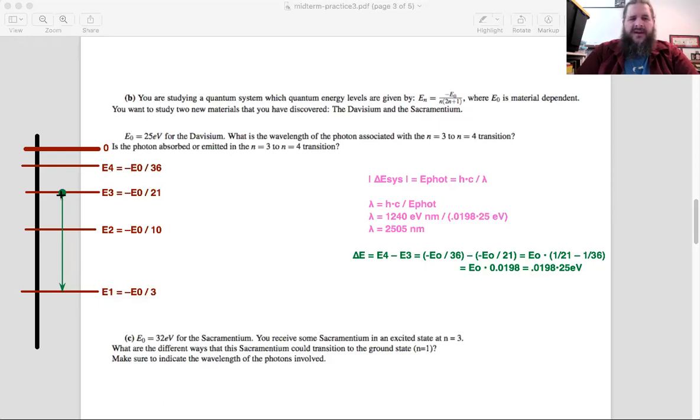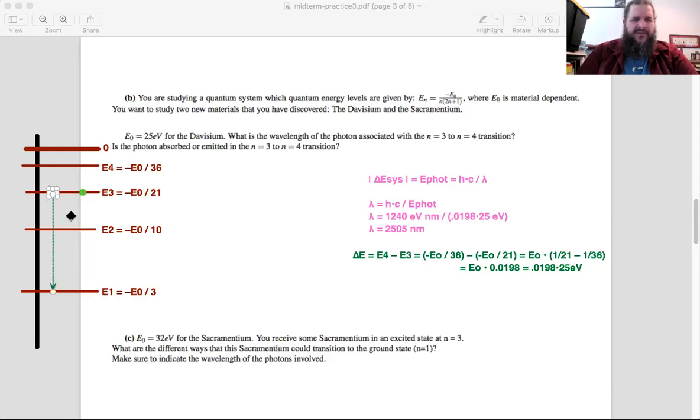However, that's not the only way to get from 3 to 1. You could jump from n equals 3 all the way to n equals 1. Or how else could you get there? You could start in n equals 3 and then do what? Yeah, you could do this in 2 steps.